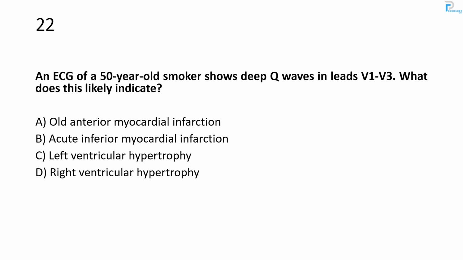Deep Q waves are a feature of old myocardial infarction. In acute myocardial infarction we see ST elevation, and in old myocardial infarction we see deep Q waves. So the answer here is myocardial infarction.